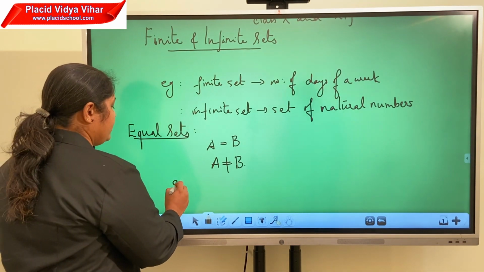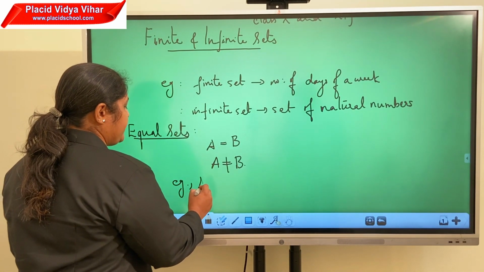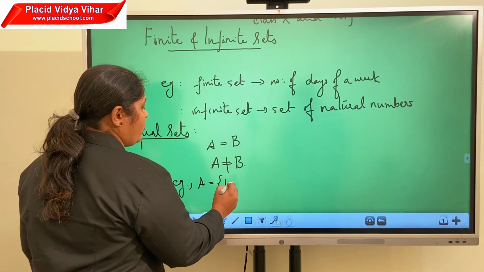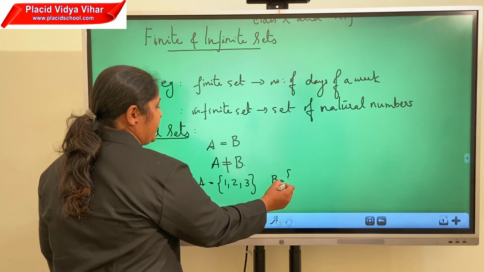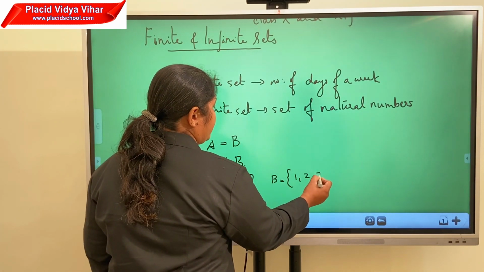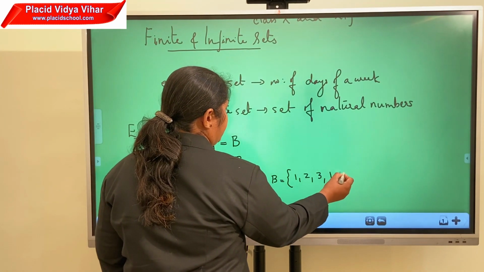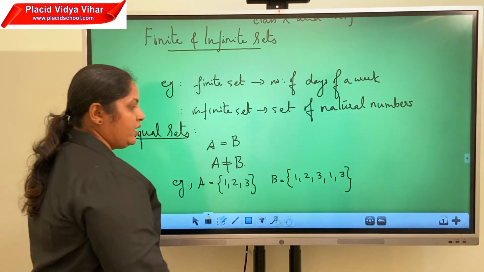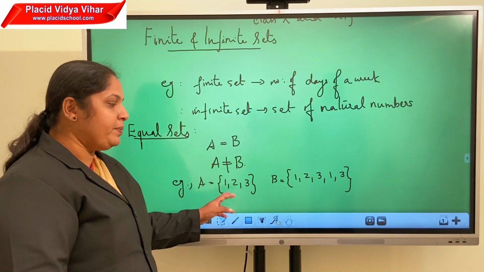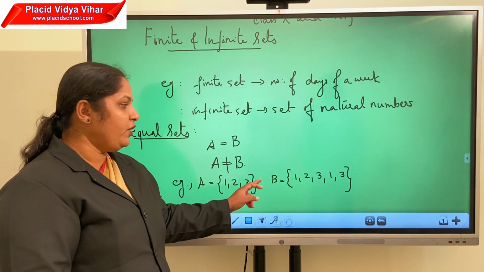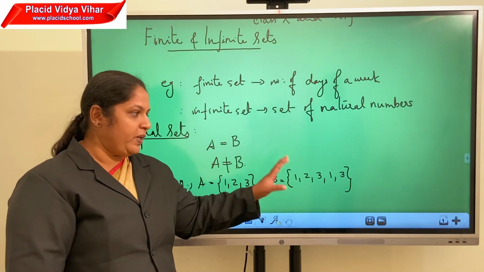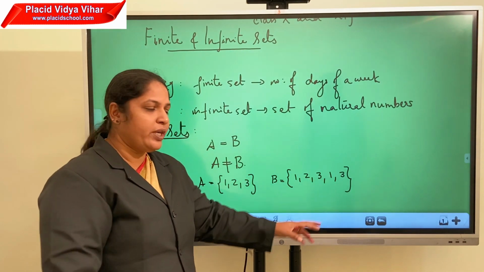An example: capital A is equal to set {1, 2, 3}. B is equal to set {1, 2, 3, 1, 3}. Here, the number of elements may be different. But look, 1, 2, 3 is there in set A, 1, 2, 3 is also there in set B, and the same elements are also getting repeated.